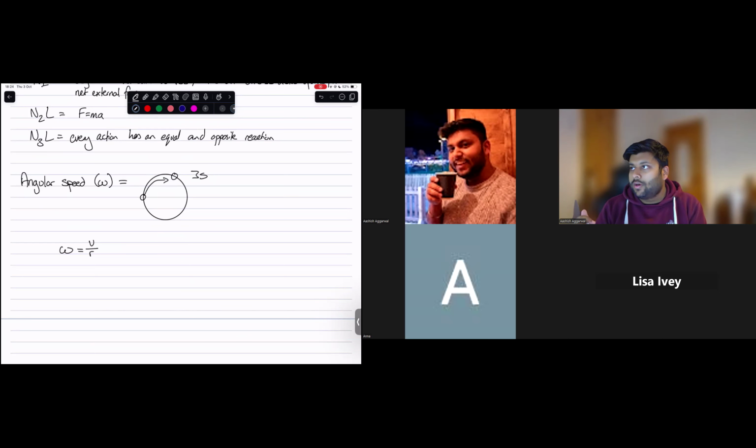Now, the actual definition for it is the angle an object moves through per unit time. So that's the actual definition for it.